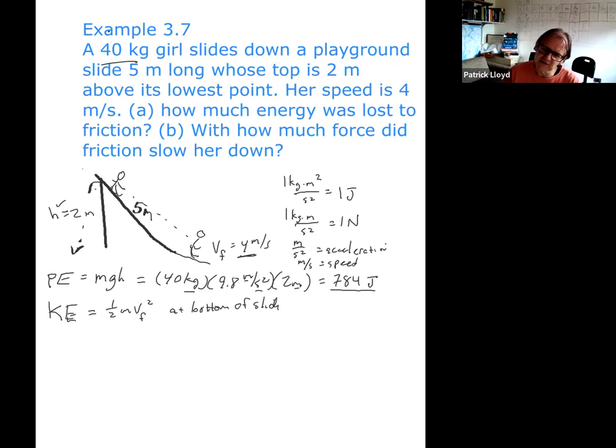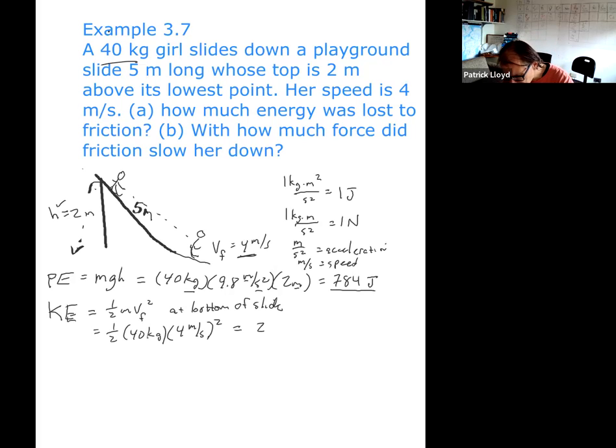At the top of the slide, the velocity is 0, so the kinetic energy is 0. So that's 1/2 times 40 kilograms times 4 meters per second quantity squared. That's 20 times 16, which is 320 joules.